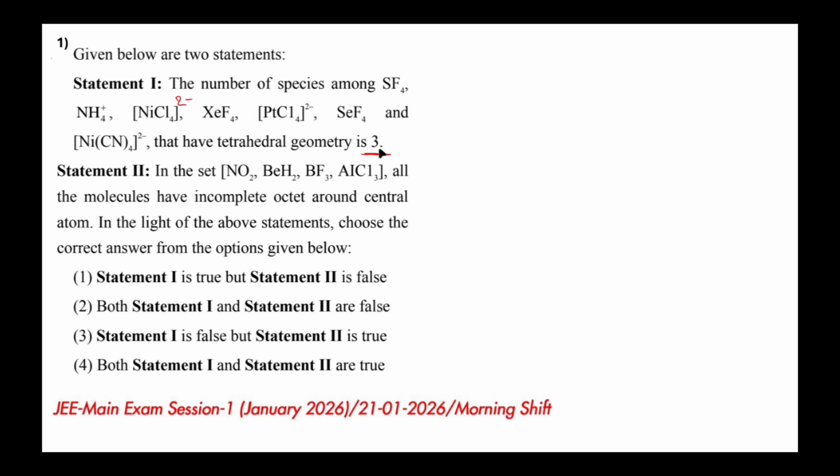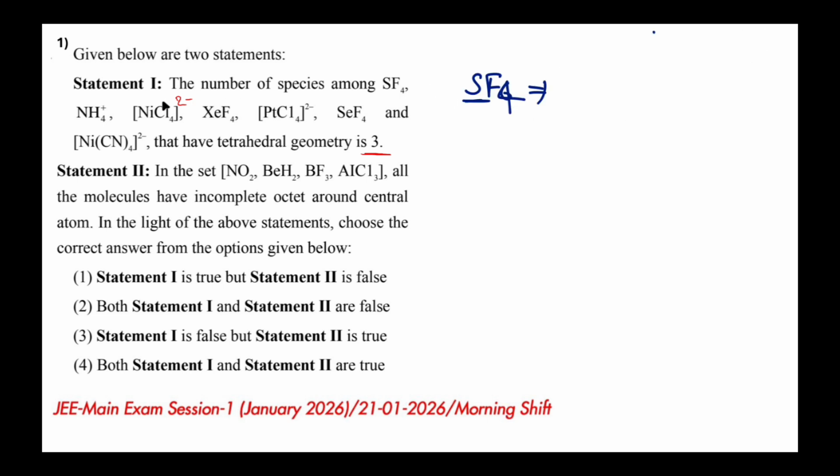Out of these molecules, only 3 molecules have tetrahedral geometry. Statement 2: in the set of NO2, BeH2, BF3 and AlCl3 molecules, all the molecules have incomplete octet around the central atom. In the light of the above statements, choose the correct answer from the options given below.